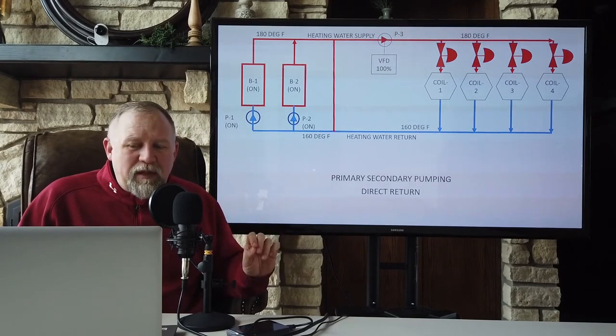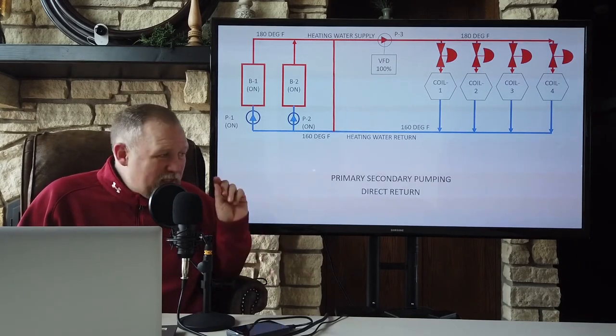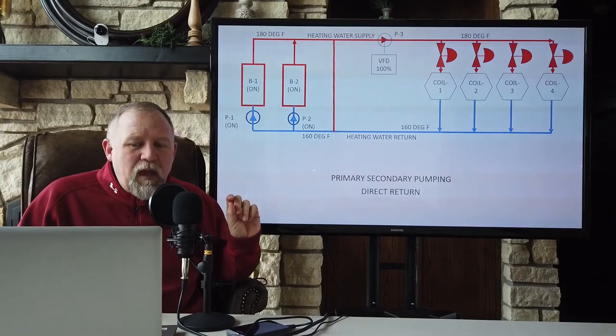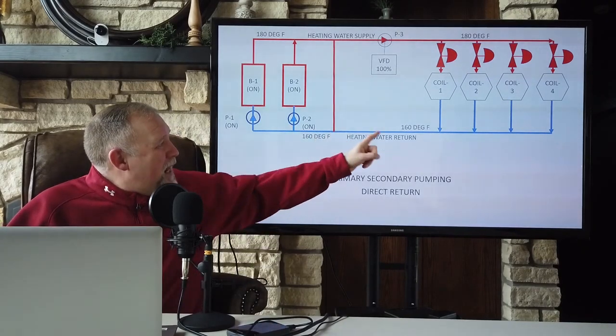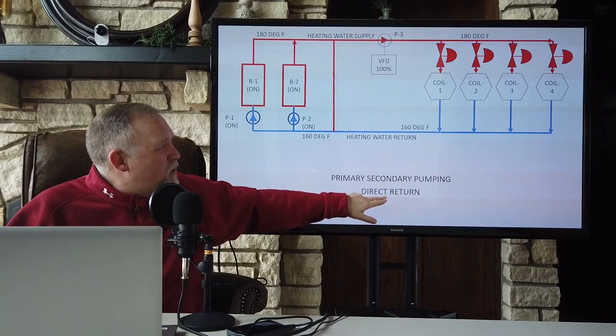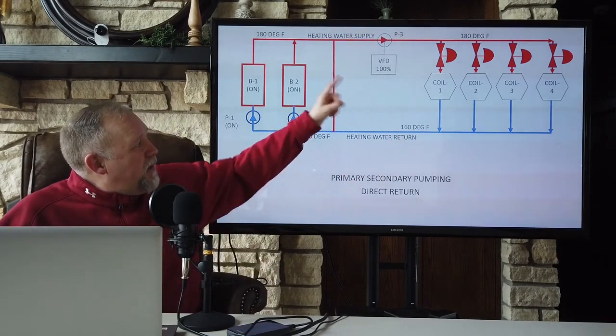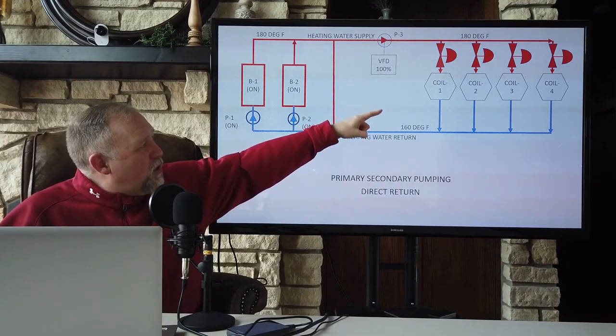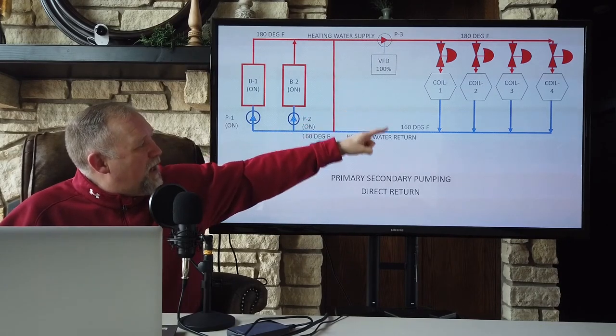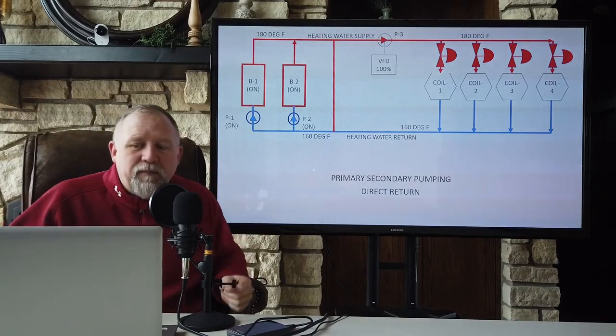And the last part that I want to talk about, we're going to switch gears slightly, and I'm going to show you the way I have it drawn here is in a direct return configuration. In other words, the first coil on the supply is also the first on the return.